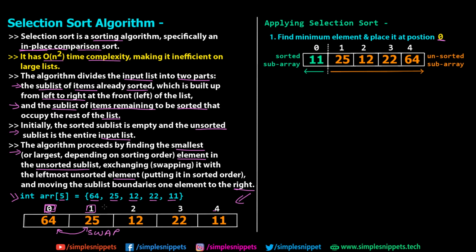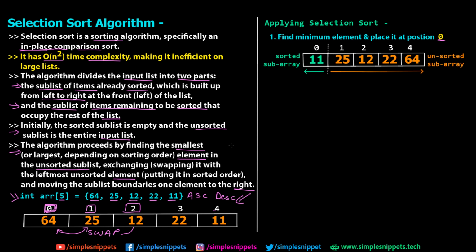Similarly, again we will move ahead and take this index position, again compare it with the swapped value, and if 12 is less than the value which is present at index position 0, we will again make the swap or we will not make the swap. Now depending upon what you want, whether it is ascending or descending. So in that way our logic will go ahead, and ultimately at position number 0, we will have the smallest value, right?